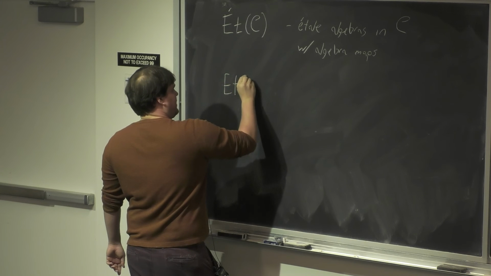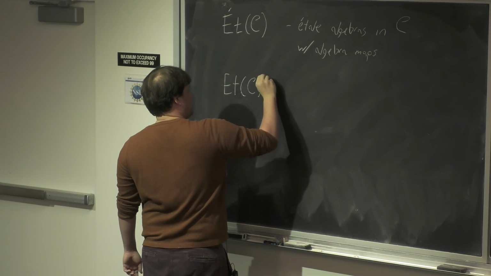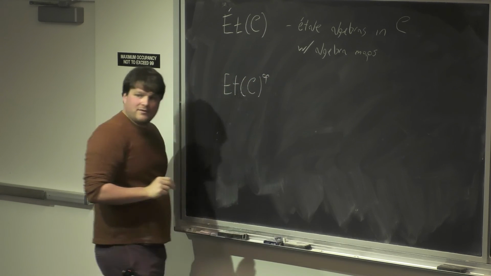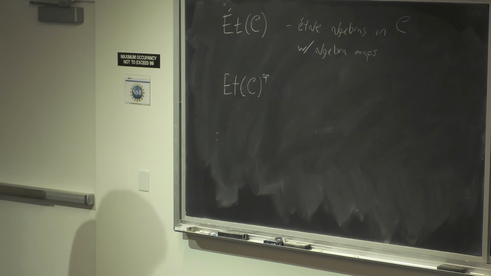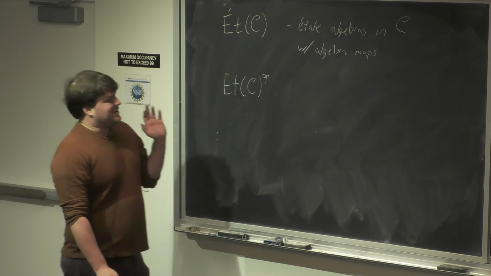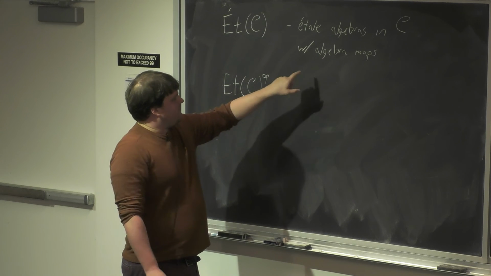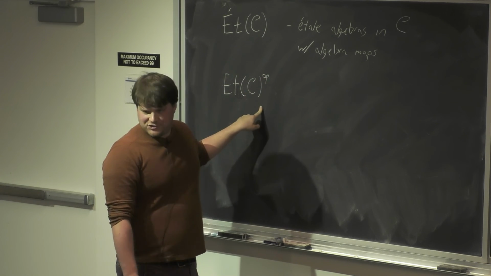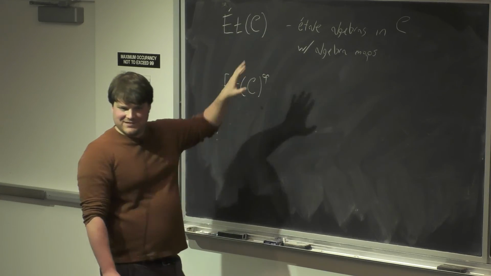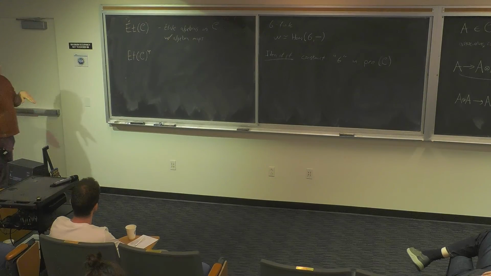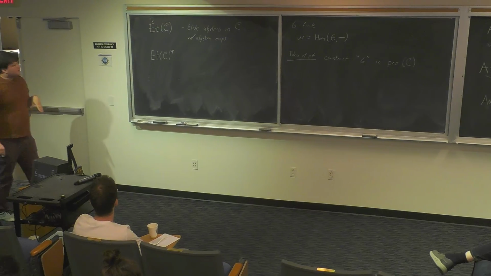I'll just call it Et C op. So I'm taking algebras in C, algebra maps, I'm taking the opposite category. If you like Frobenius algebras, I said every étale algebra has a co-multiplication. This is just co-algebra maps between these étale algebra objects, if you prefer that.